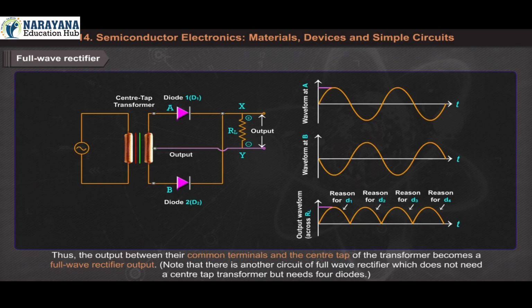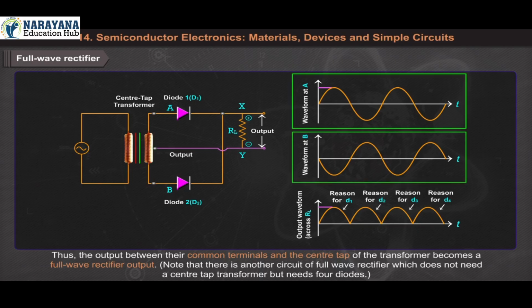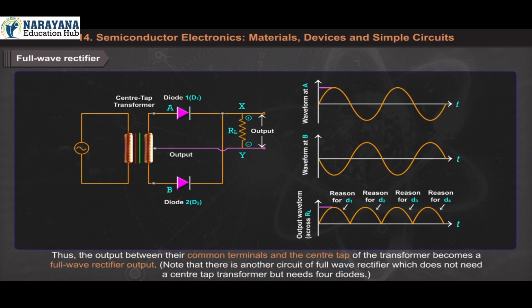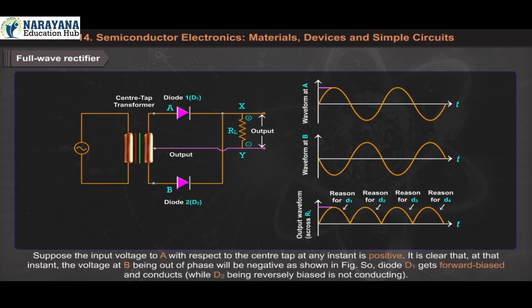Note that there is another circuit of full wave rectifier which does not need a center tap transformer but needs 4 diodes. Suppose the input voltage to A with respect to the center tap at any instant is positive. It is clear that at that instant the voltage at B, being out of phase, will be negative as shown in figure.